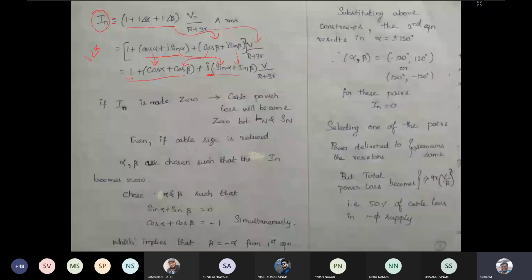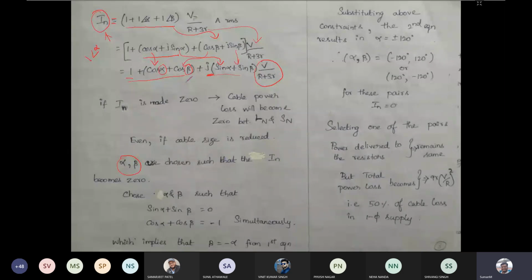Now we have to choose alpha and beta, because in this complete equation only alpha and beta are variable; all the other components are fixed. So only by choosing the values of alpha and beta are we going to make the current flowing through the neutral path 0.